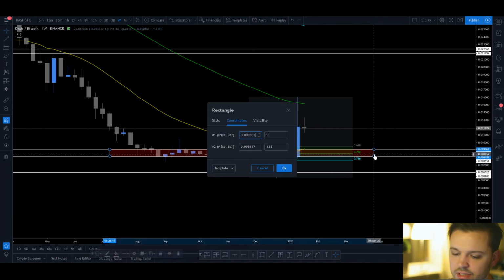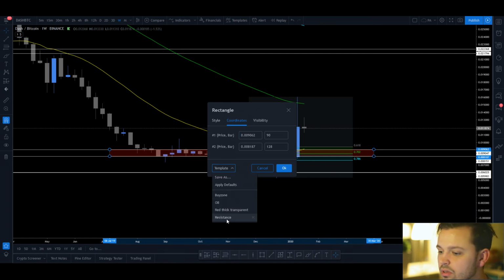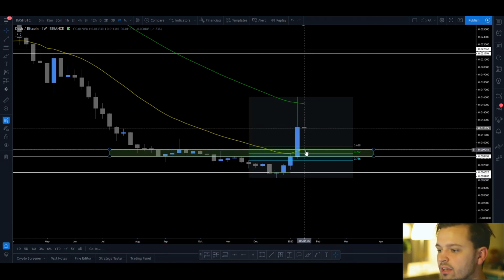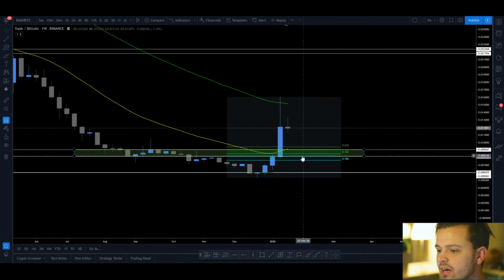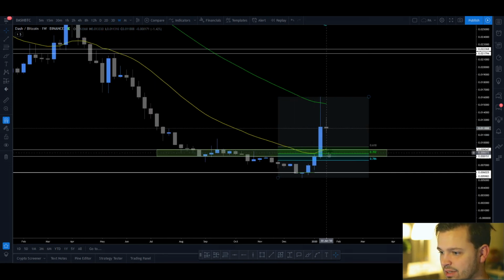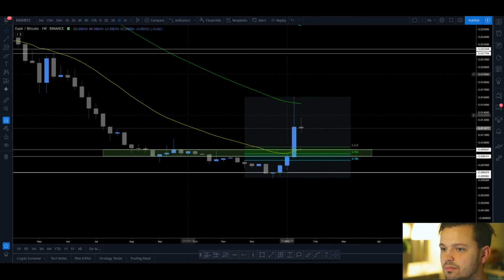And as you can see, the support zone is also confluent with the yellow 21 EMA on the weekly. So that's the area I'm watching for Dash. If we trade down and retest this area down here, I anticipate a pretty strong bounce. So that's the area I would like to enter on Dash.